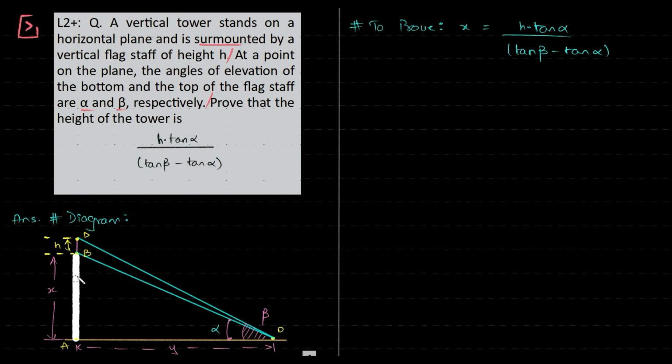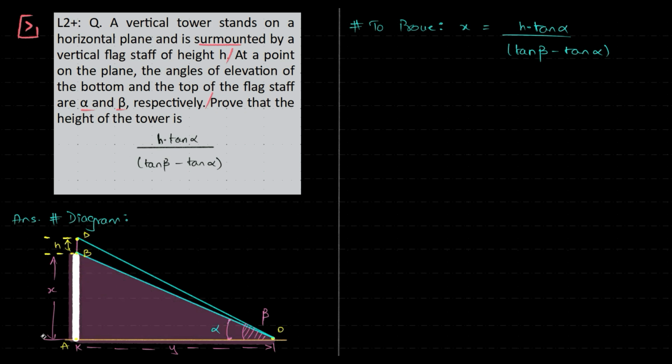Since we are talking about this length, we need to consider triangle AOB, is it not? So from this we need another side's information for us to work things out. That side will be our AO. But how will we find AO?